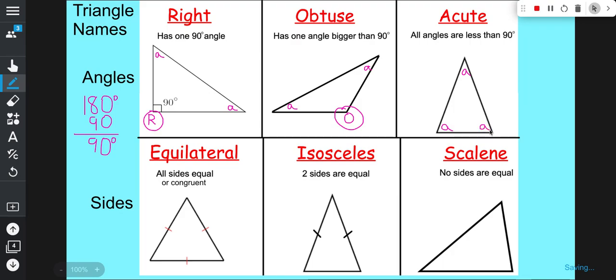Now, what if you don't know, or it looks real close to being a type of angle, but you're not sure? What you can do is take a piece of paper, and a piece of paper has a 90-degree angle from the bottom to the side or the top to a side. So you can use that piece of paper and stick it right on top of any of these triangle angles.